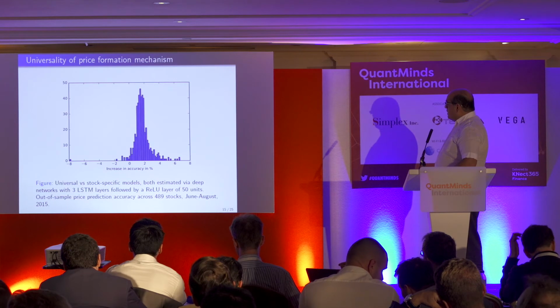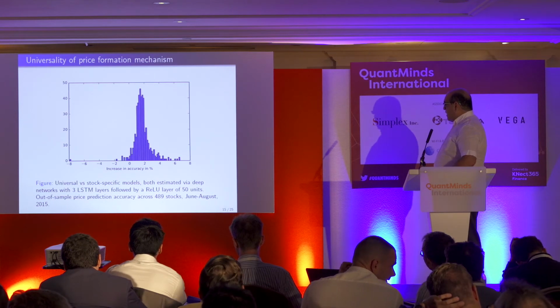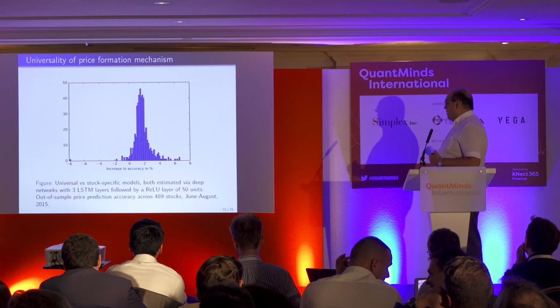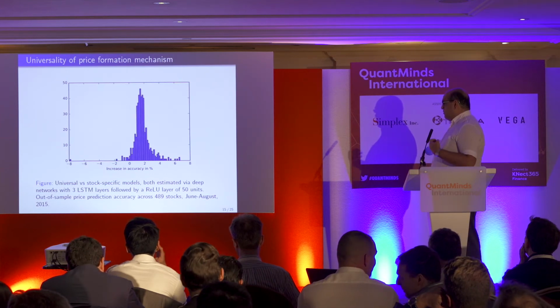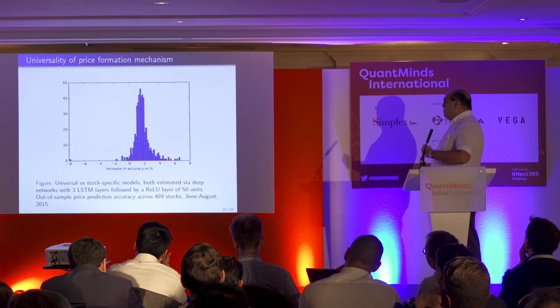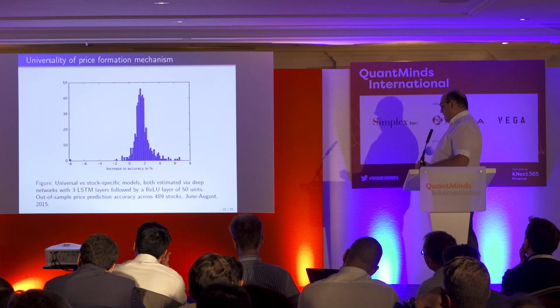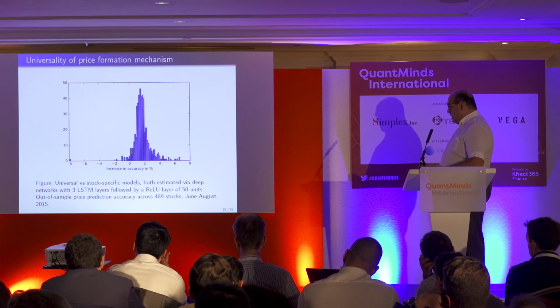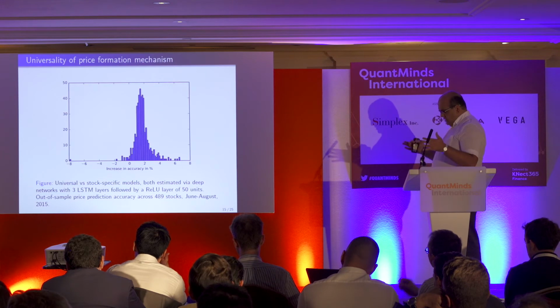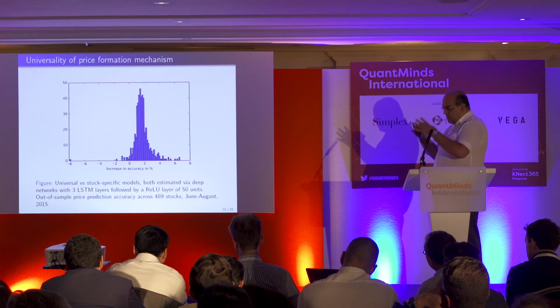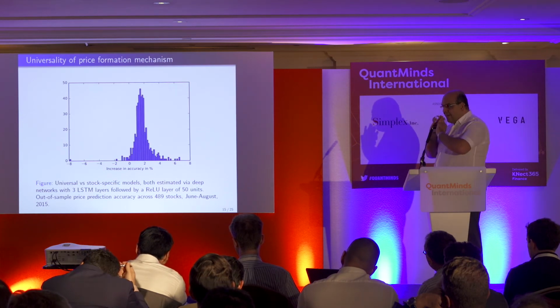Now, here is a more interesting graph. Here we look at the increase in accuracy, that is, the accuracy of the universal model minus the accuracy of the stock-specific model on the same data. What does this mean? It means first we train a model on stock A, and then we train the network on all stocks, not normalizing by anything.